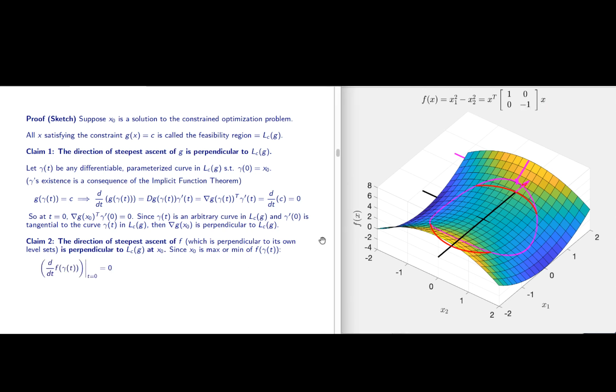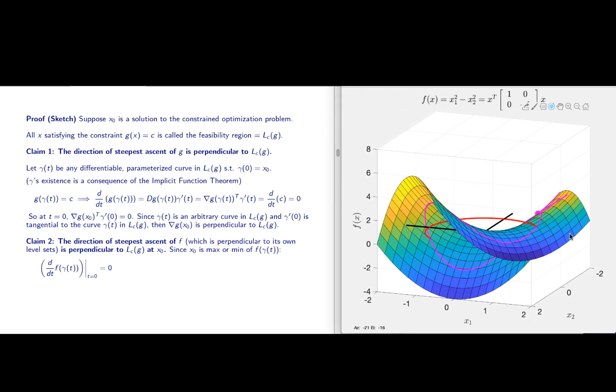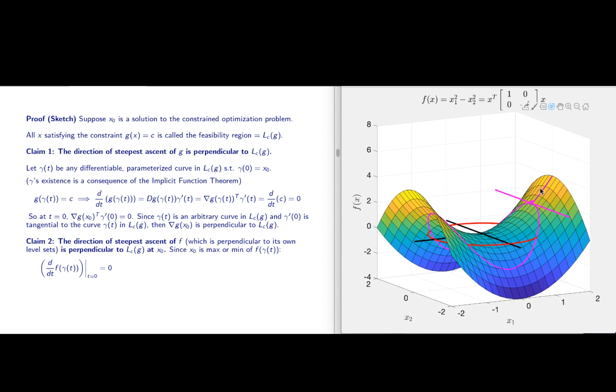So the derivative of f of gamma of t is 0 because when t is equal to 0, I get f of x naught, and f of x naught is a local maximum. We can see here that it puts me at the top. So that implies that if I take my derivative, I get the gradient of f of gamma transpose times gamma prime at t equals 0.